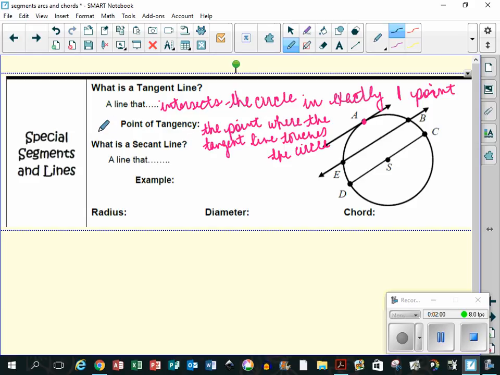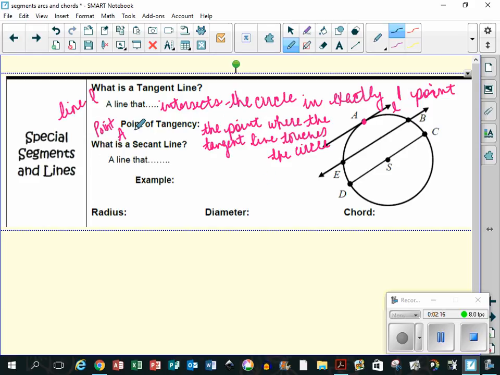So for example, point A is a point of tangency, and we'll call this line L, and we'll say line L is my tangent line.